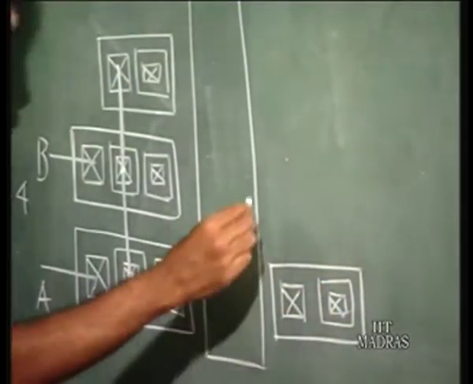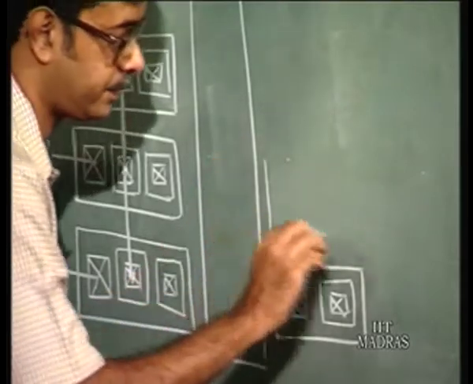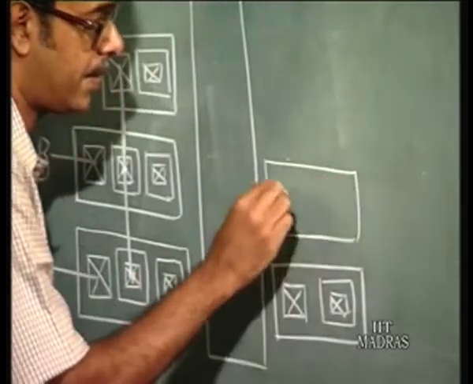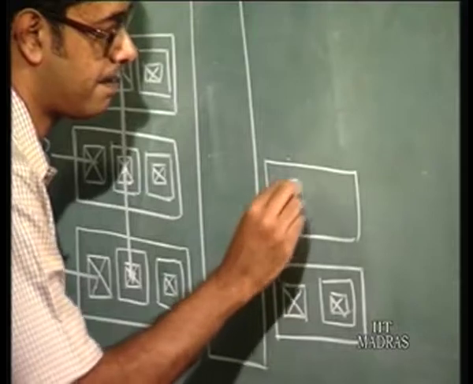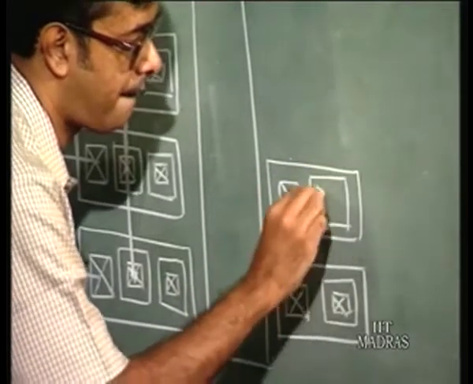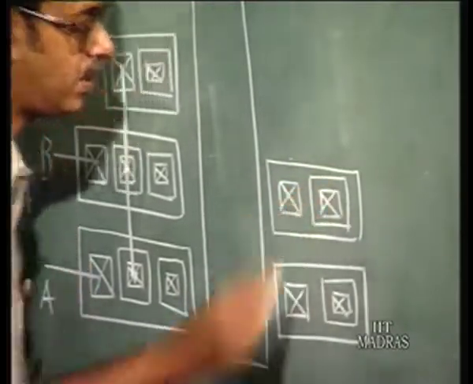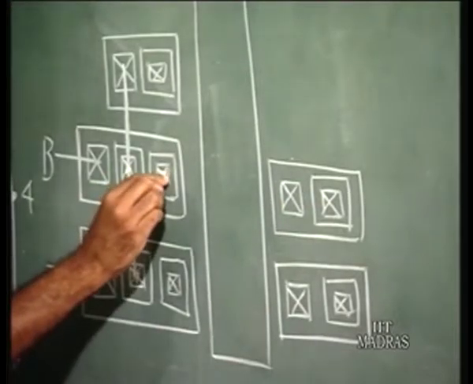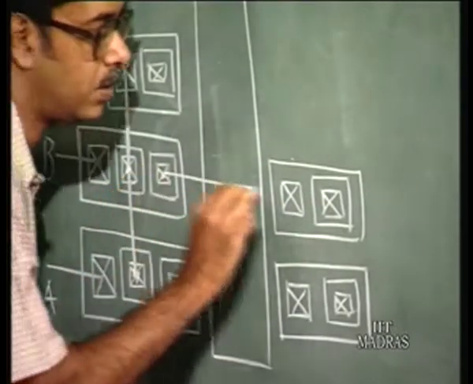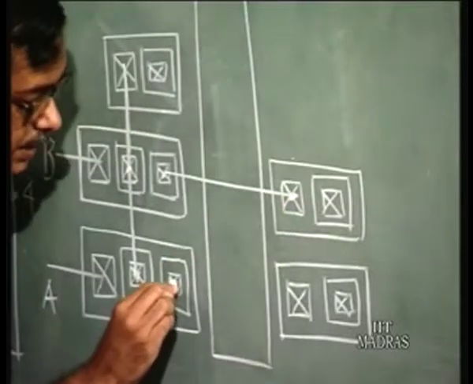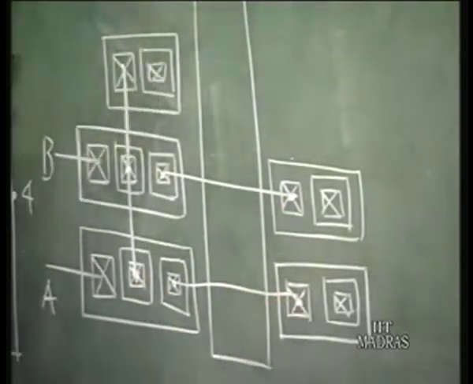And there is one more with one base and one collector. So the other collector of this transistor goes to the base here. The other collector goes to the base here.